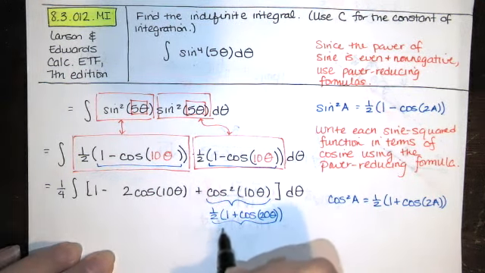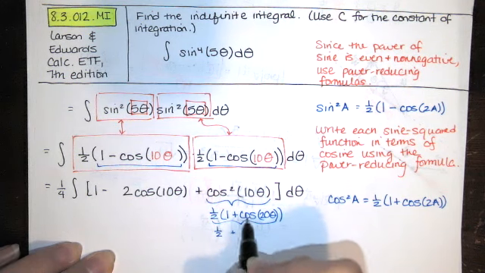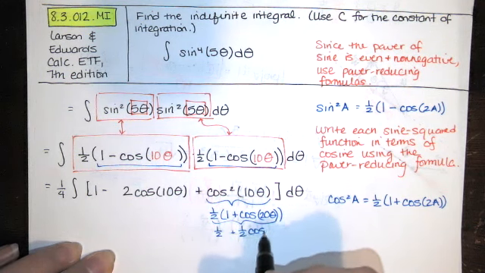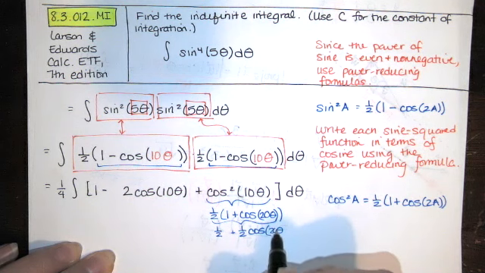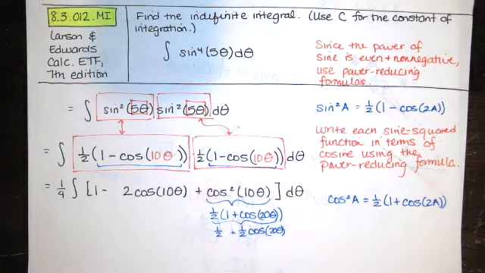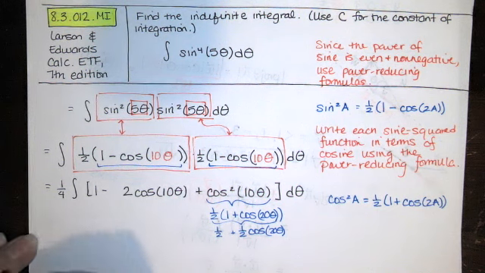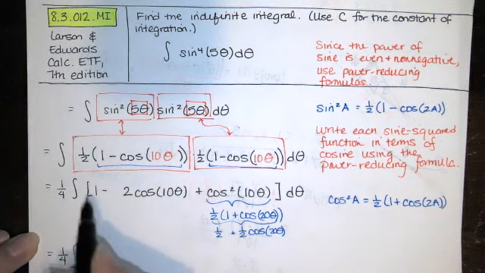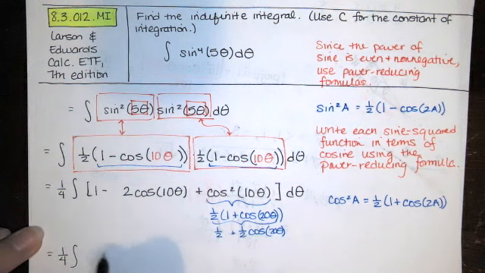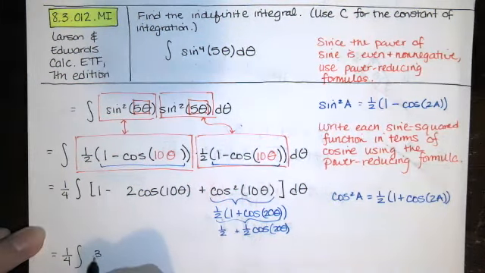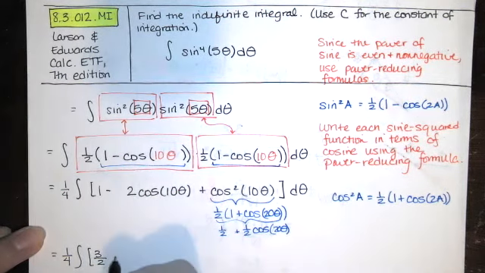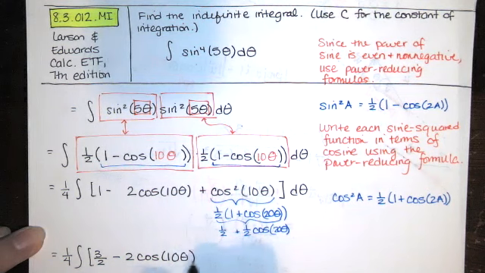So this will be 1/2 times 1, which is 1/2, and we have 1/2 times this cosine function over here. It's 20 theta. All right, and then we can simplify all of this. We have 1 plus 1/2 here. That's 1.5, or 3/2. And then we have a minus 2 times cosine of 10 theta. And then a plus 1/2 cosine of 20 theta.